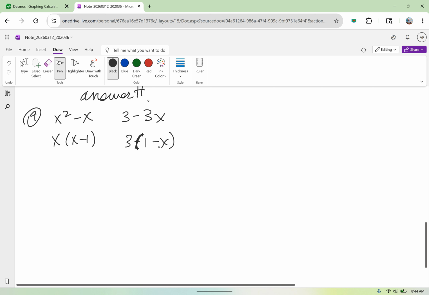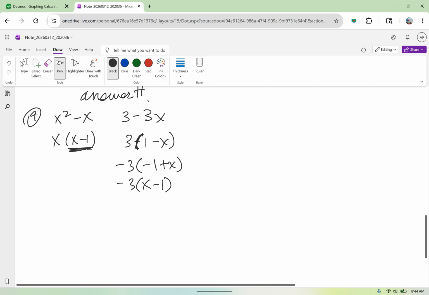So these are almost the same, but they're not quite the same. What if I apply a -1 to each piece of this and rewrite this as -3 times -1 plus x, and then rewrite this x minus 1.